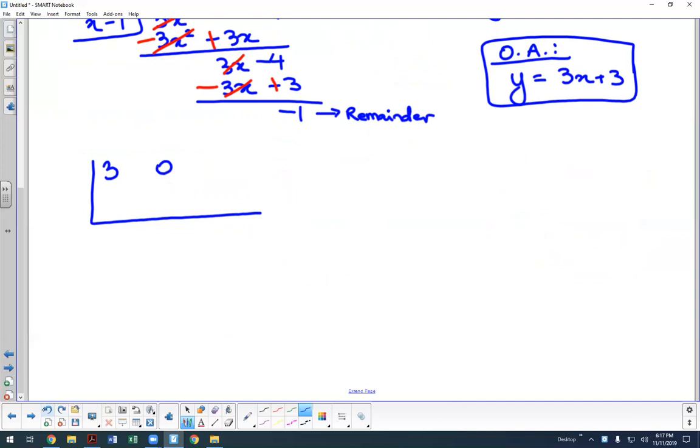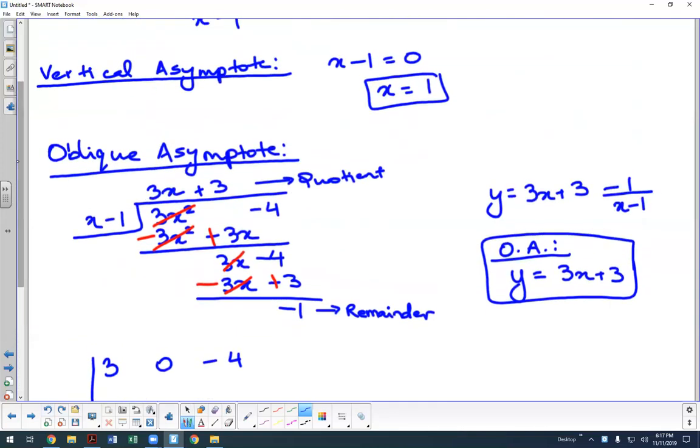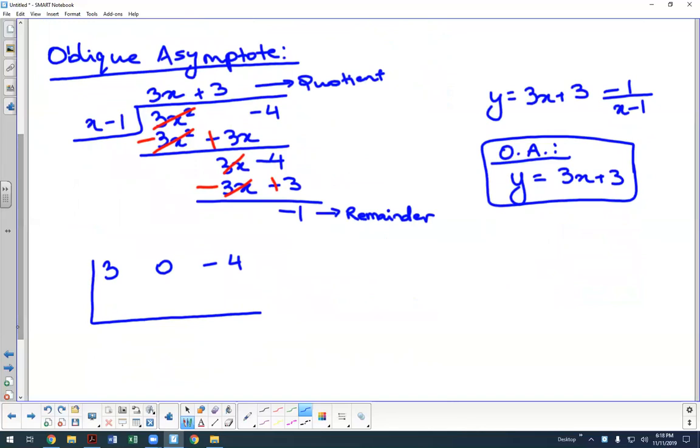And we had negative 4. Now we're dividing this by x minus 1. So what does our divisor become in a synthetic division? It becomes positive 1 because you take x minus 1, set it equal to 0, which ends up giving you 1. So you are going to be dividing this guy by 1.